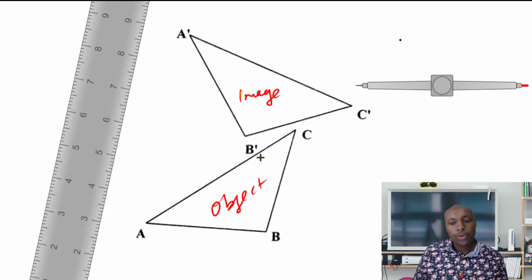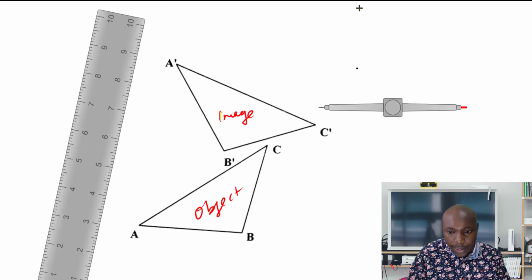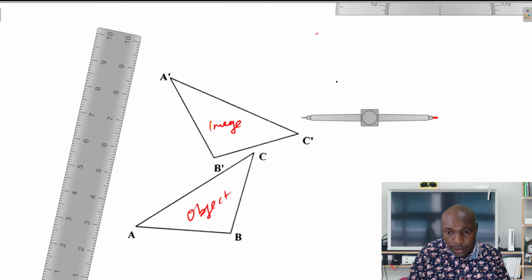So in order to get the center of rotation, you're supposed to choose 2 points, one of the object and its image. For example, you can join A to its image, A prime, and also you can choose either B to B prime or C to C prime. So a point and its image of this triangle.